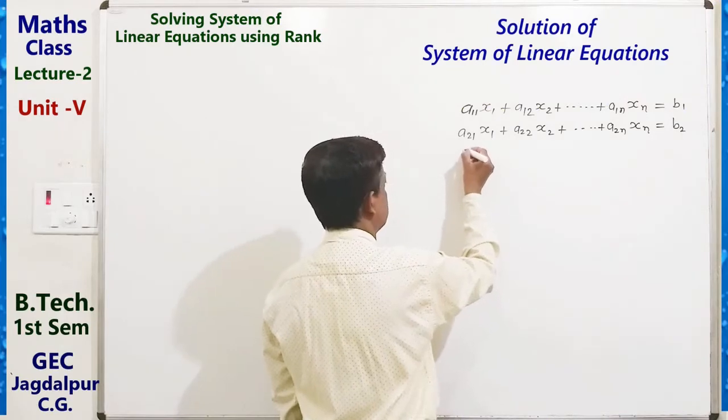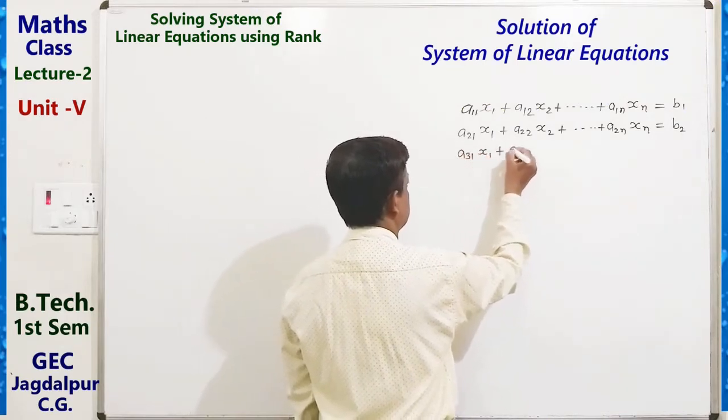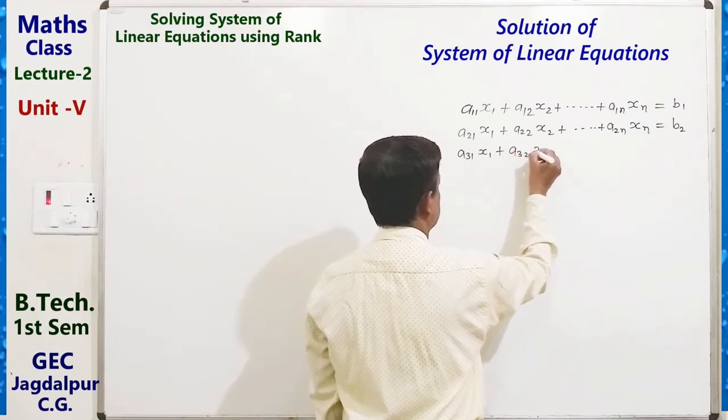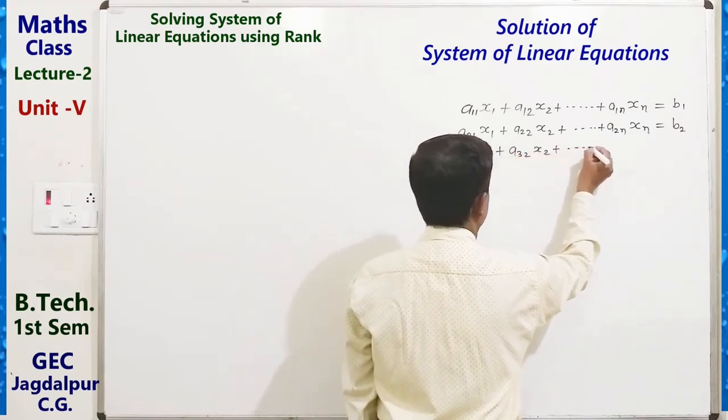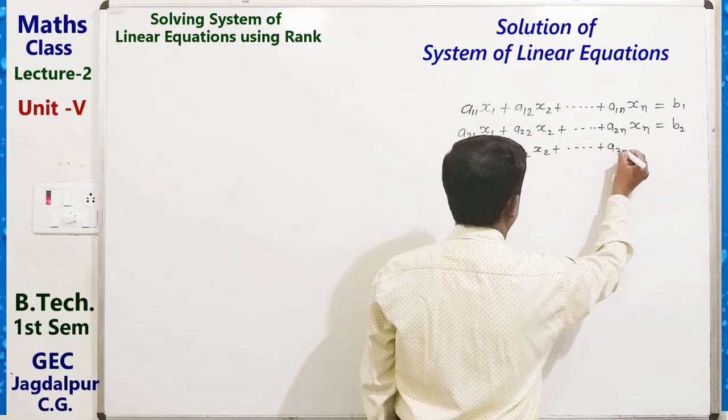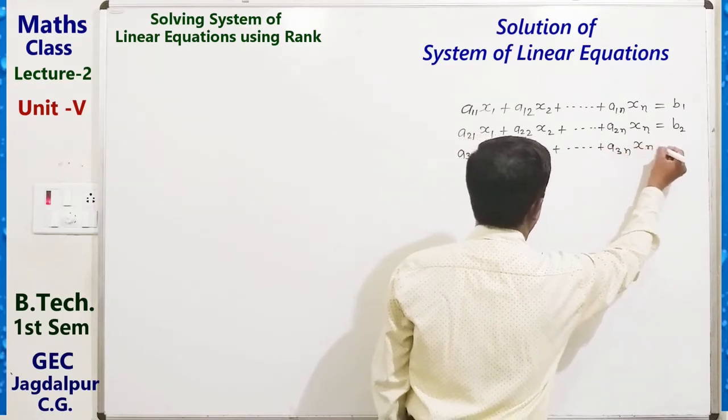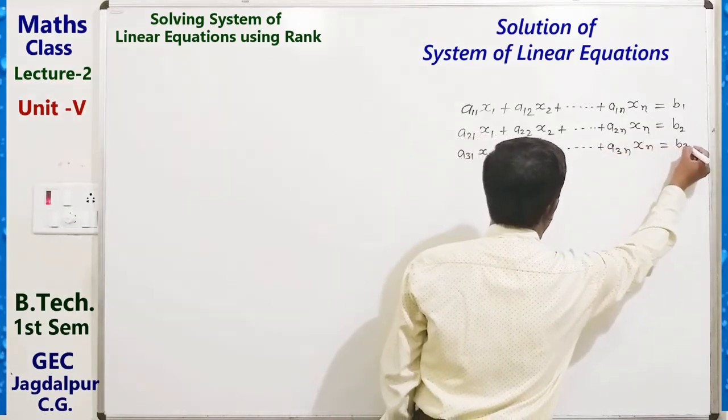And similarly a31 x1 + a32 x2 up to a3n xn = b3.